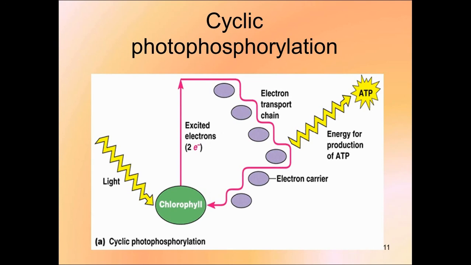The difference here is that because we have only a single electron transport chain, when the electron gets to the bottom, it's returned to the P700 molecule to be re-energized and sent back into that transport chain again. So it goes around and around and around.